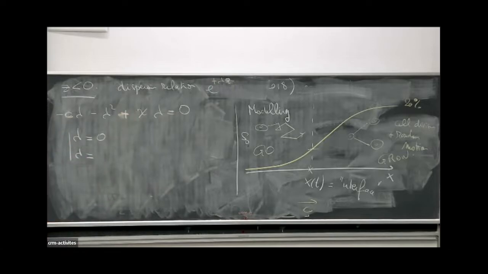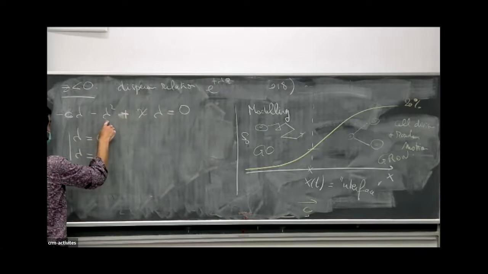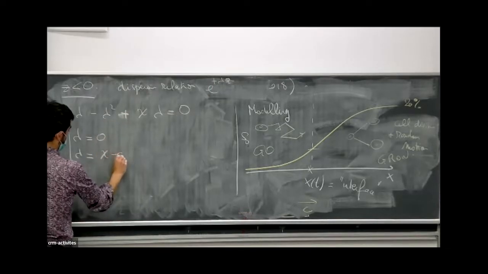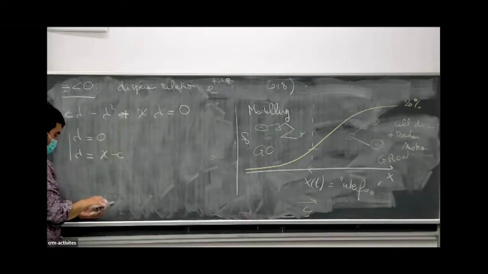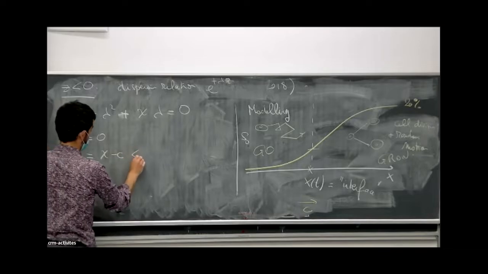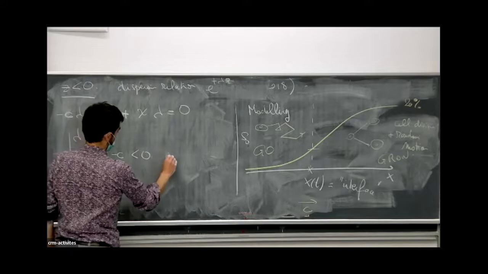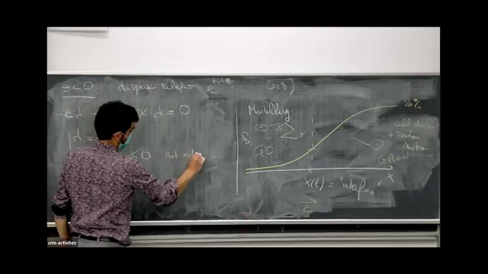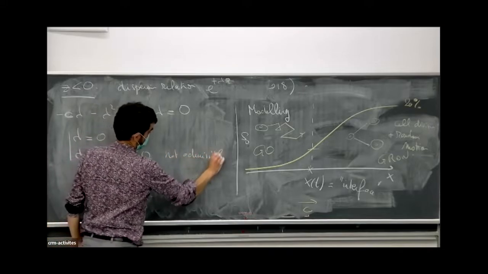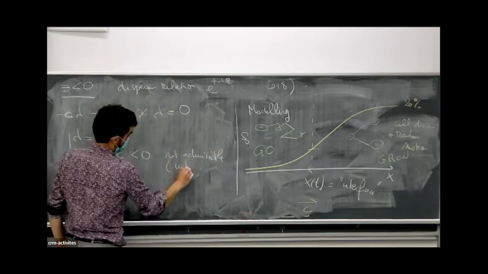So in this case, either lambda is 0 or lambda is chi minus c, and this one is negative, and this is not admissible because unbounded.